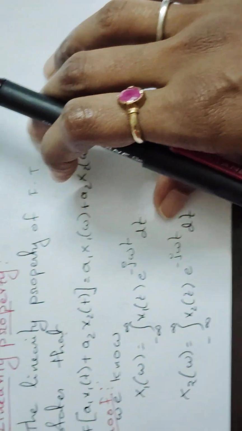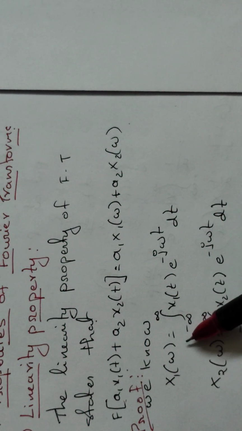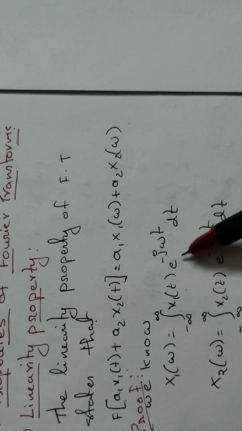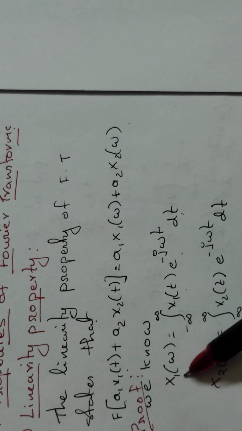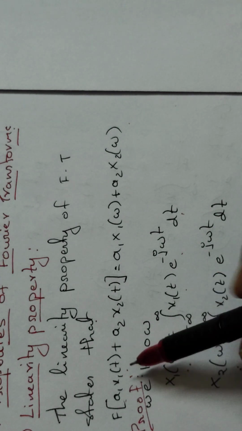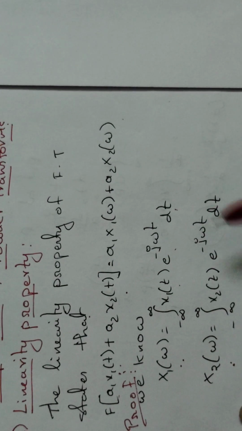So x1 of omega is equal to integral from minus infinity to infinity x1 of t e power j omega t into dt. Here I am taking one frequency domain signal as x1 of omega and the second as x2 of omega, because we have two signals, x1 of t and x2 of t. For that we are taking two different signals.